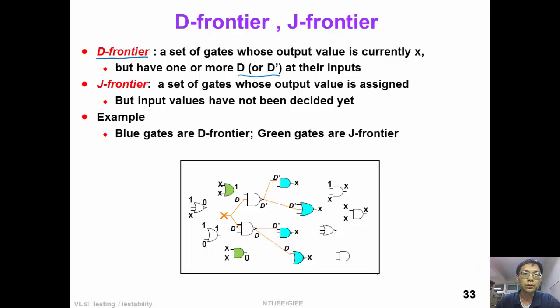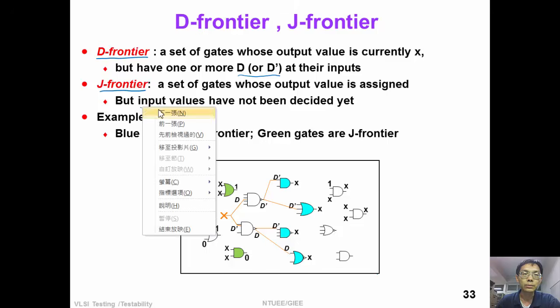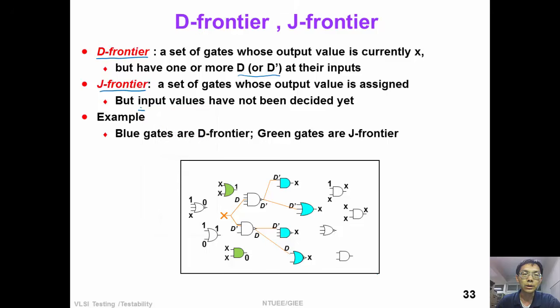The definition of J frontier is a set of gates whose output value is already assigned, but its corresponding input values have not been decided yet.